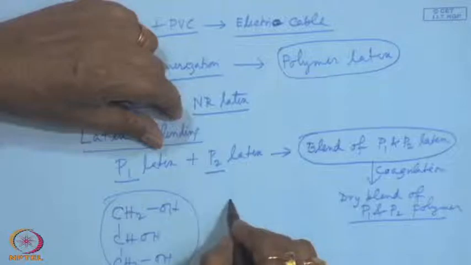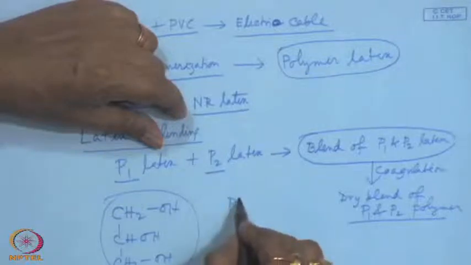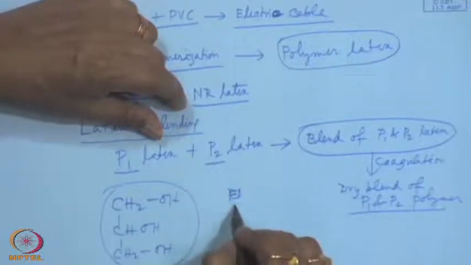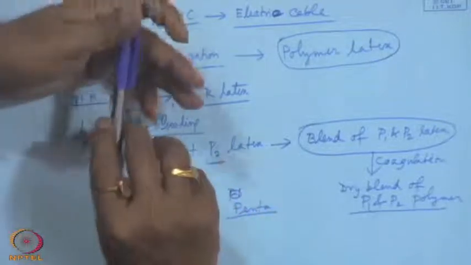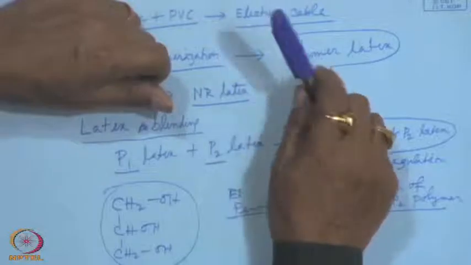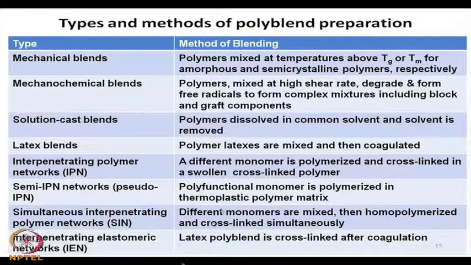Or pentaerythritol, containing 4 hydroxyl groups. So, such type of polyfunctional monomer, or we can take phenol, that is a trifunctional monomer. So, this way we can use polyfunctional monomer which can be polymerized in a second thermoplastic polymer matrix.